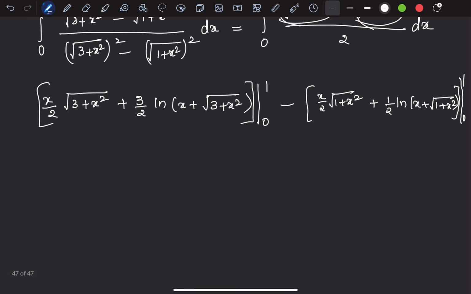So let us put the limits. When you put x is equal to 1, this will be 1 by 2 multiplied by root 4 plus 3 by 2 multiplied by ln 1 plus root 4, that is 2.